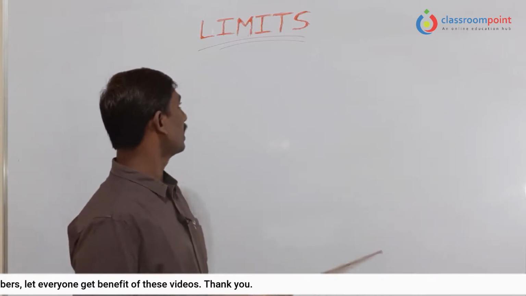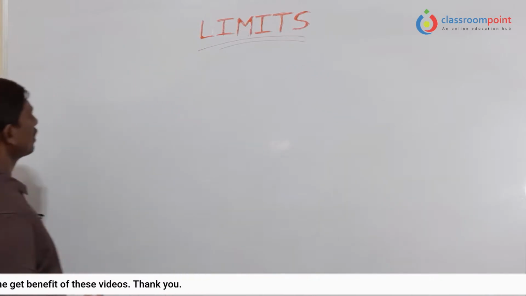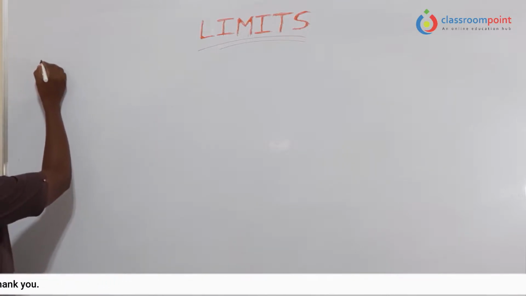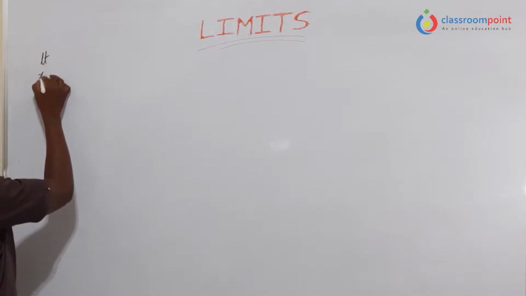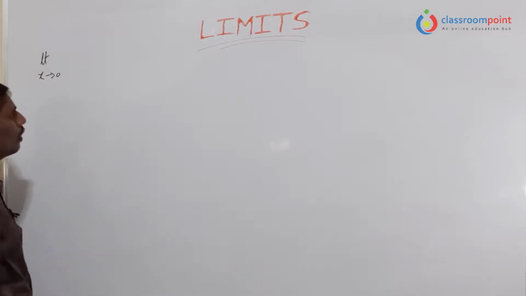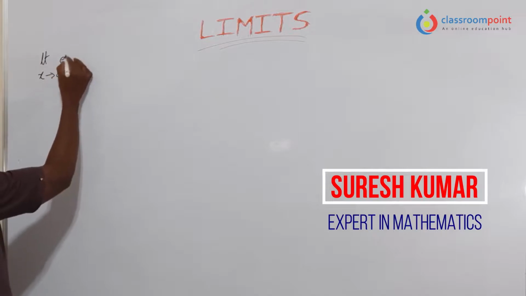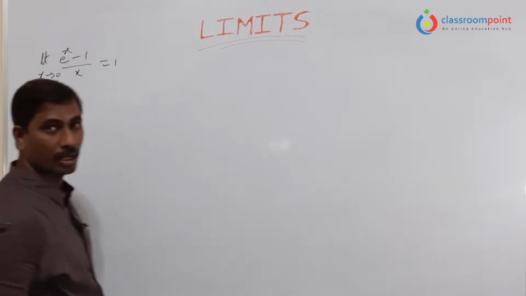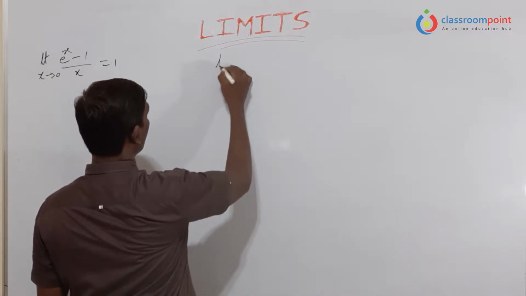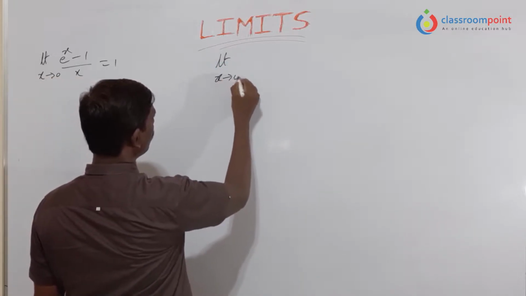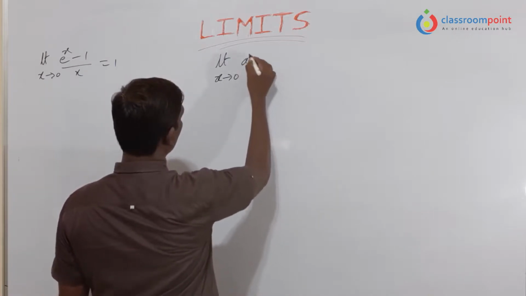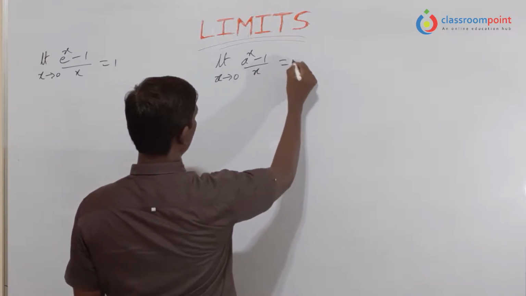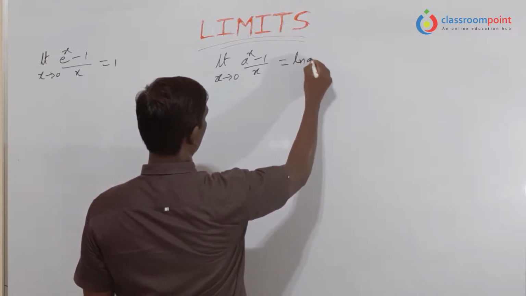Okay. Now today we will discuss three more topics in these limits only. One is limit x tends to 0, e power x minus 1 by x is equal to 1, and limit x tends to 0, a power x minus 1 by x is equal to ln of a.